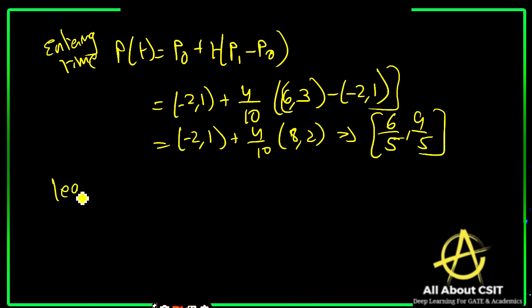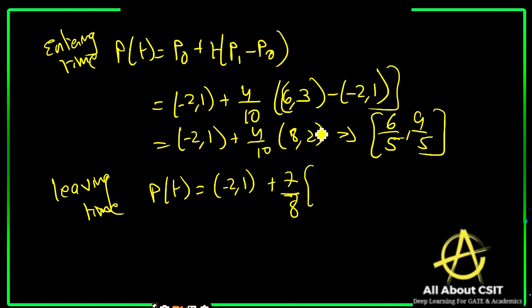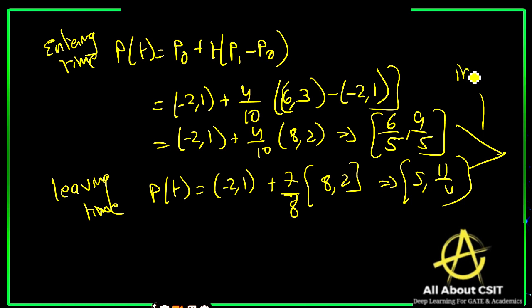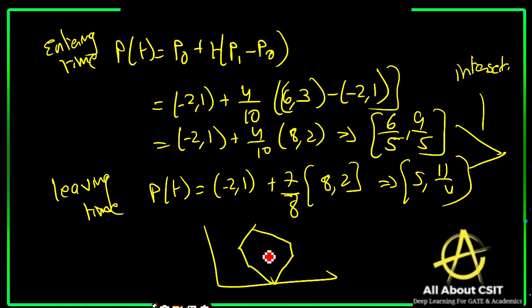Now the leaving time. P of t, if you substitute, you will get minus 2 plus 1 into 7 by 8. Anyhow, this value is 8 comma 2. Then you will get 5 comma 11 by 4. These two are the intersection points. In a graph, if you see, these two are the intersection points.